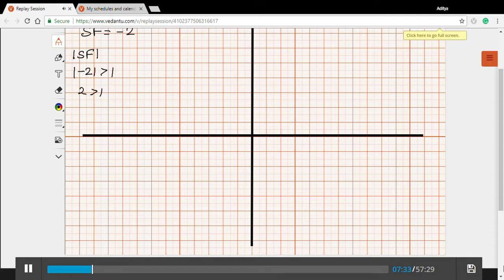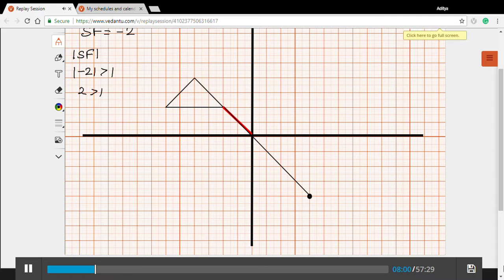let's say this is our figure given to us. If this is the distance, say our 2 units distance, the image will be in the opposite direction at twice the distance.